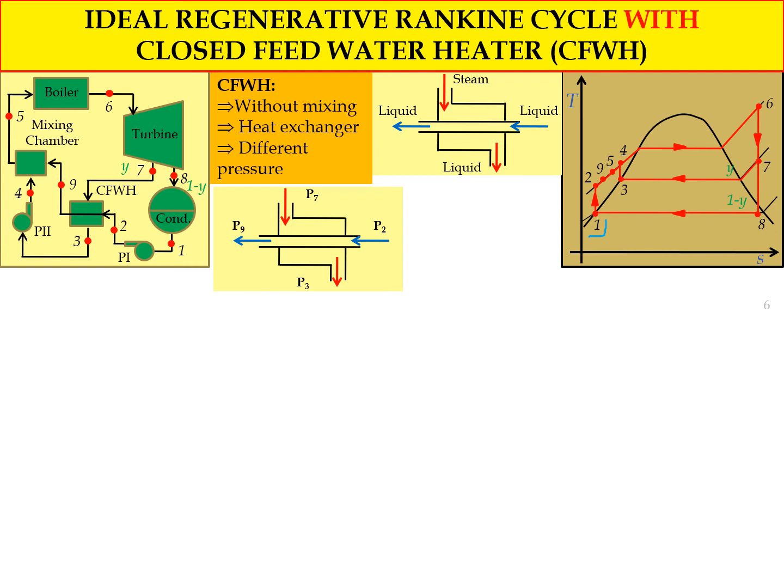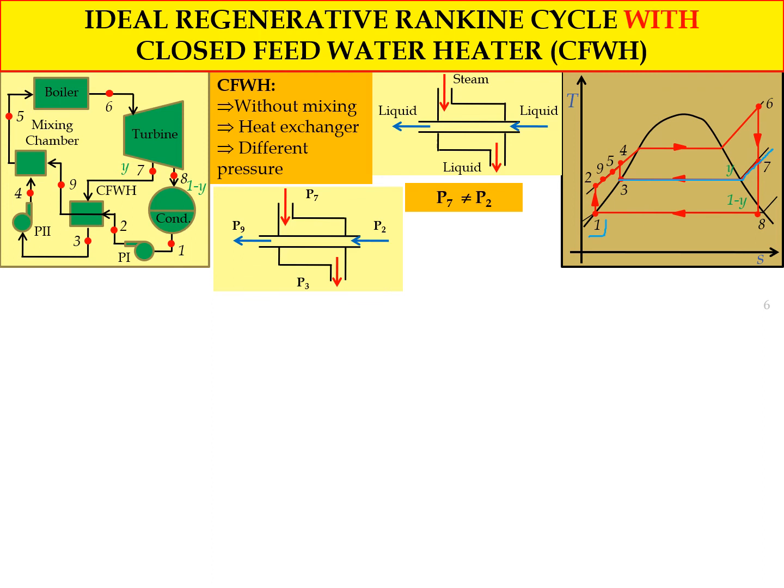So as you can see, this is the closed feed water heater, which is the heat exchanger, and the pressure at state 7 goes into the heat exchanger, and the output of it is the pressure at state 3. As you can see in the TS diagram, state 3 and state 7 are on a constant pressure line, and state 7 will not have the same pressure as state 2.